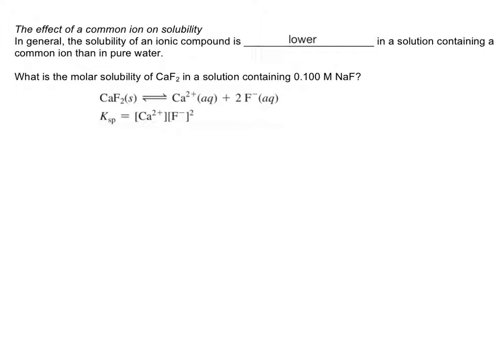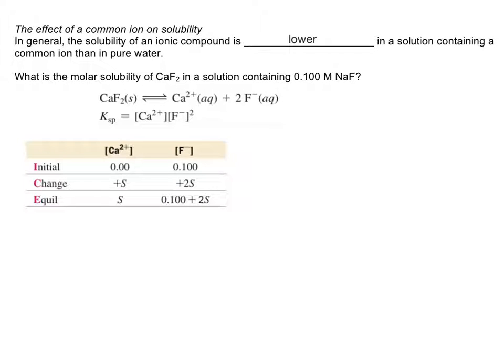It's going to do that almost completely because it's got that sodium ion there, which we know is pretty much always soluble. When we do our ICE table for this reaction, we'll have 0 as our starting concentration for calcium, but our starting concentration for fluoride is going to be 0.100, because we already have some fluoride ion present in the solution.